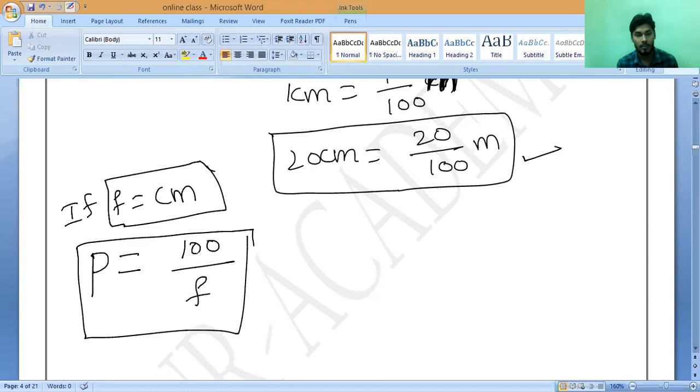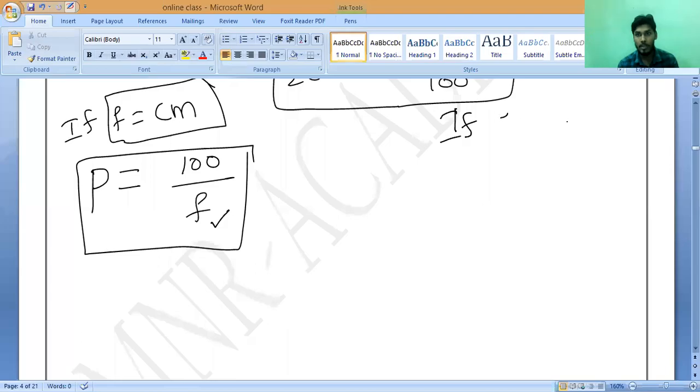When focal length is given in centimeters, directly you can write 100 divided by focal length. Then no need to convert the focal length. Any doubt, ask me.